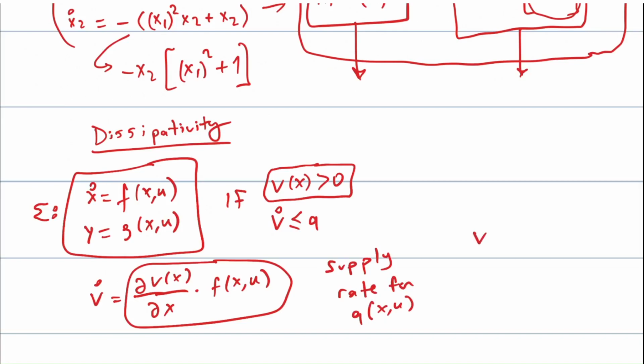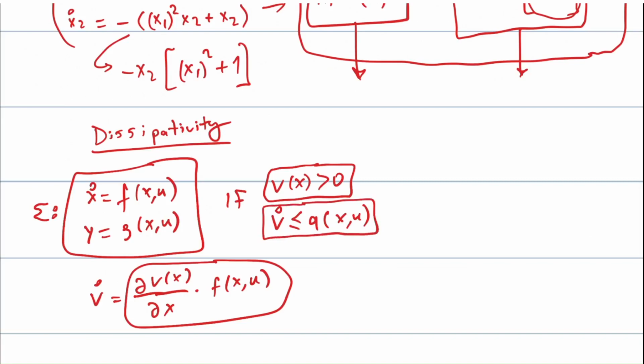This is the storage function. And q is a function of x and u. If you have these two conditions satisfied, then sigma is dissipative with respect to the given supply rate function q.